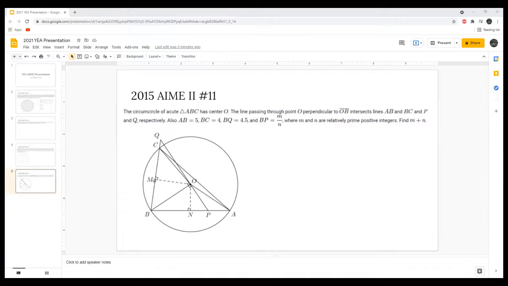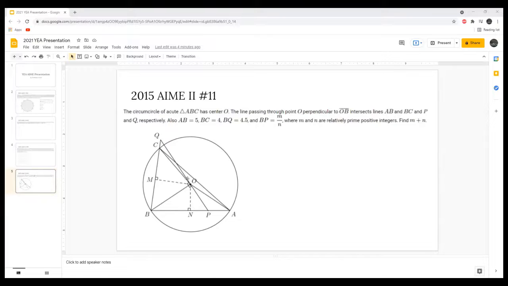So QM times MB is equal to MO squared, and MB was given as 4/2, which is 2, and MQ is 2 plus this 1/2 section, which is 2.5. So MB times MQ is 2 times 2.5, which is 5, and that means MO here is √5. And then you use the Pythagorean theorem on this triangle with MB being 2 and MO being √5 to get BO equal to 3.